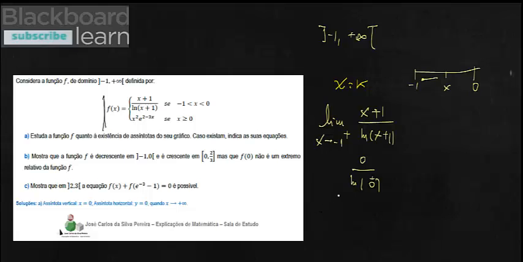In this case, the logarithm function, as you know, is simple to draw. It is something like this, and it approaches minus infinity. So I will have something like 0 over minus infinity, and this is 0. If this is 0, then x equals -1 is not an asymptote.